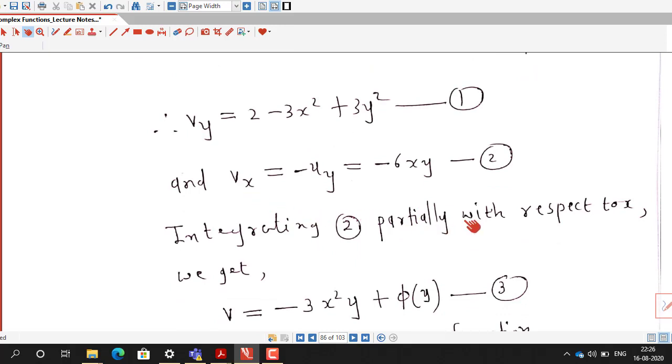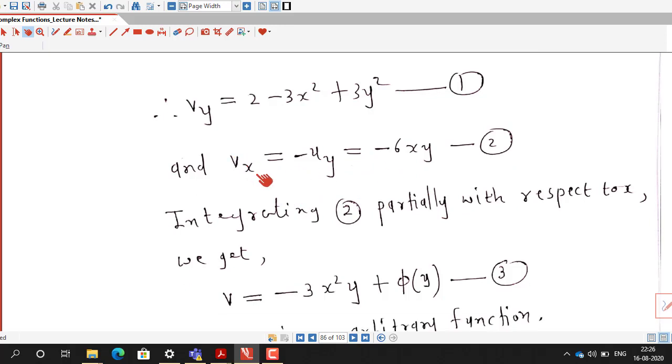So integrating 2 partially with respect to x, integration of del v by del x with respect to x is v. Here minus 6y is constant, integration of x is x square by 2.